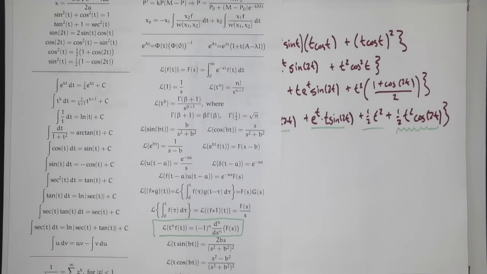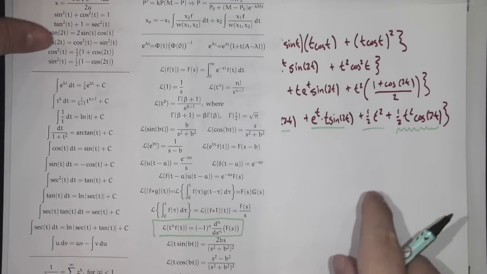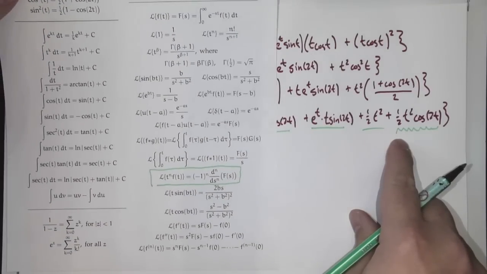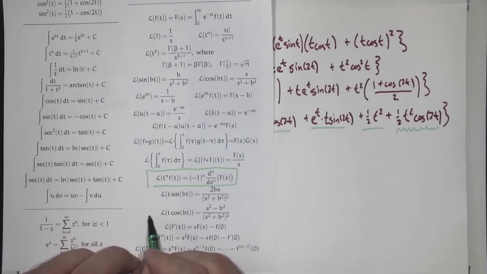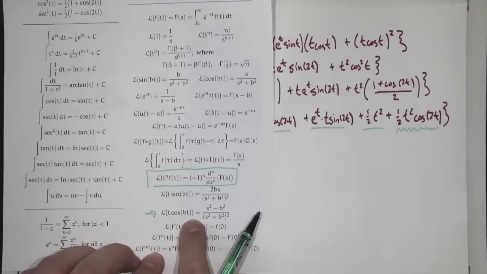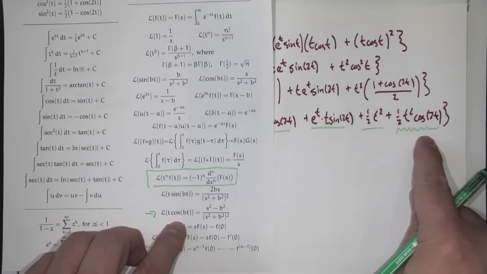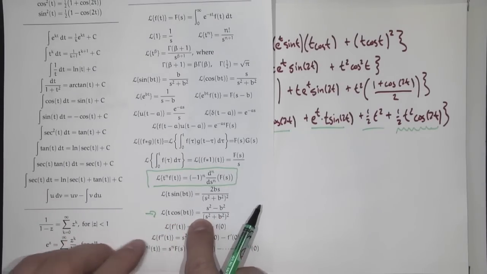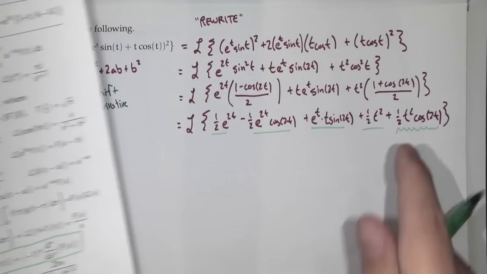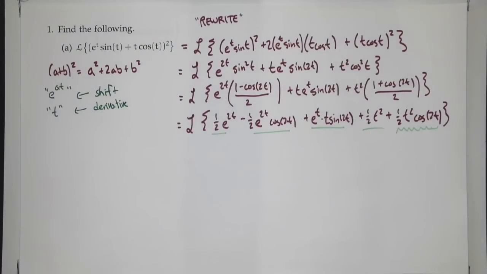We're efficient. We want to get from point A to point B as quickly as possible. So we say, well, can I use anything that gets me halfway there? Notice we have a t cosine bt, in general, ready to go. So I just need to do one more step here. All right, so let's handle the t cosine 2t.